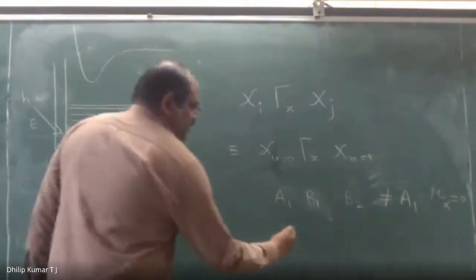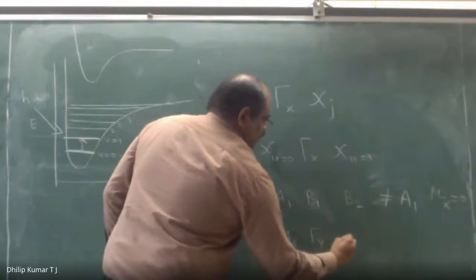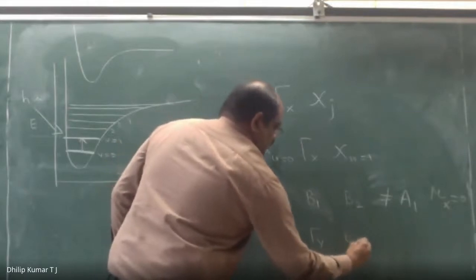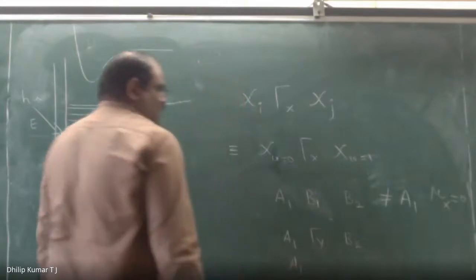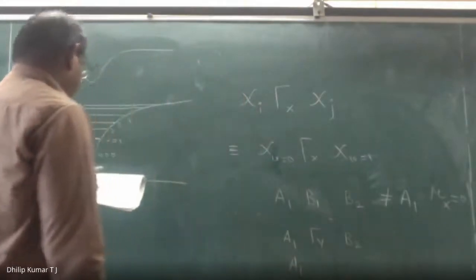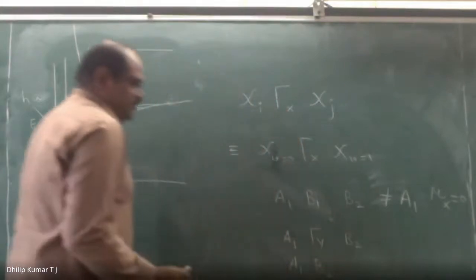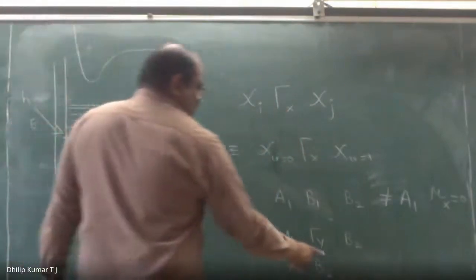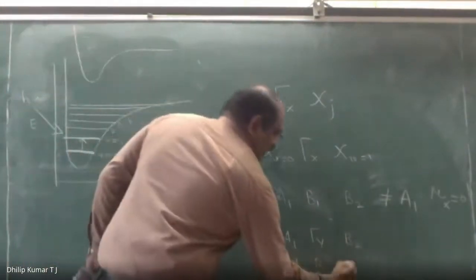Whereas if you take A1 with gamma y, which is again B2, so A1 multiplied by gamma y, what symmetry is y? B2 symmetry, if you see the character table of C2v. The dipole moment component is along the y-axis, so you take that symmetry B2, again B2.